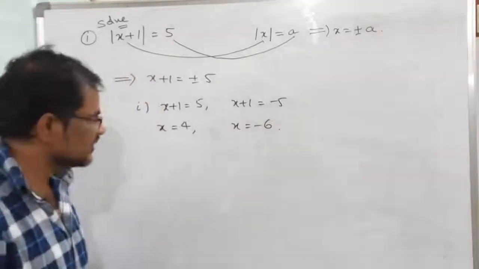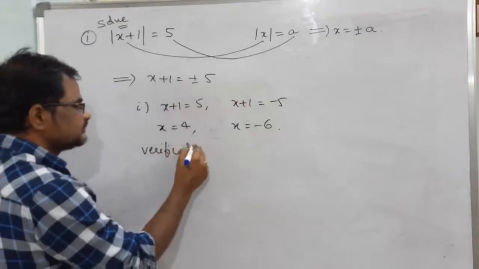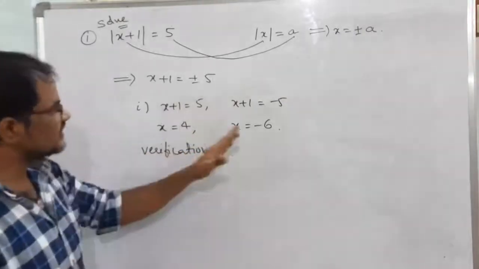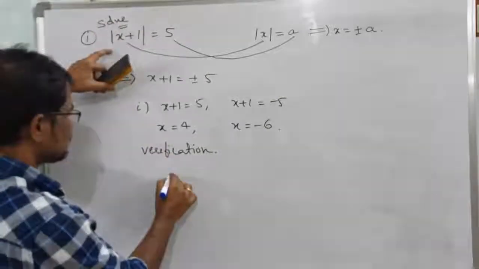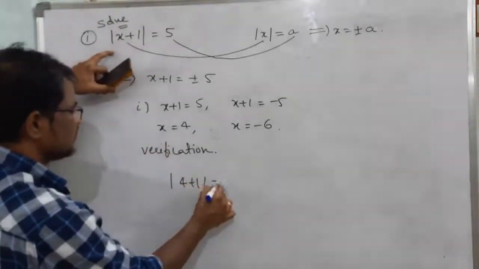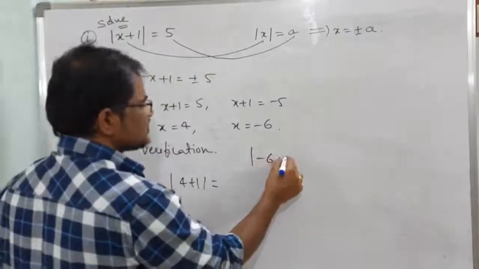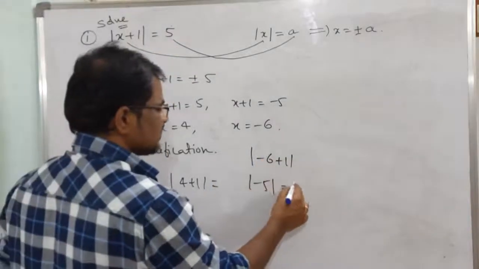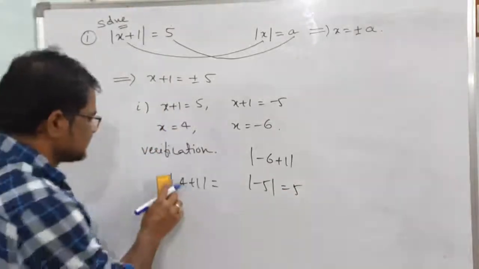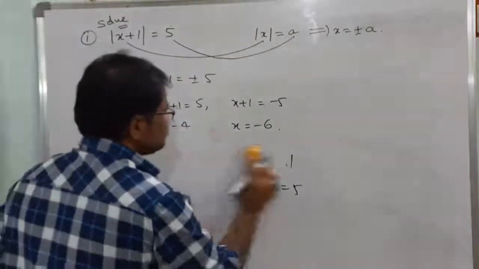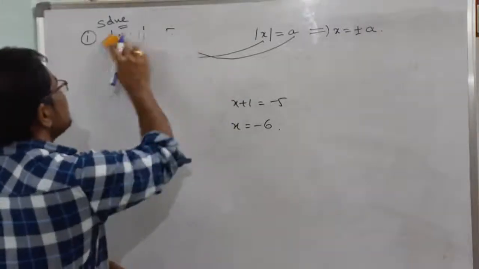Now substitute and verify. If you substitute these two values here, this should satisfy. Modulus of 4 plus 1 equal to 5, satisfied. And modulus of minus 6 plus 1 is equal to modulus of minus 5, that is nothing but 5 only. Okay, next. This is our answer. Next, second example.